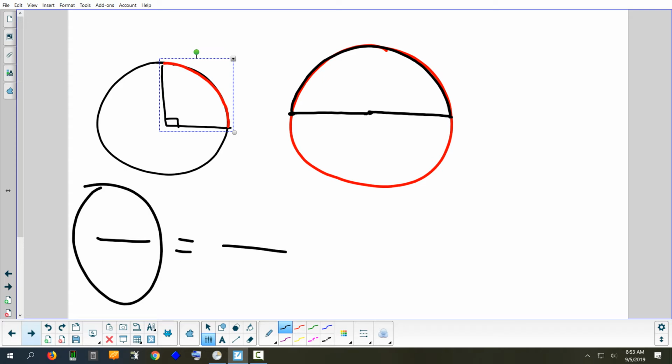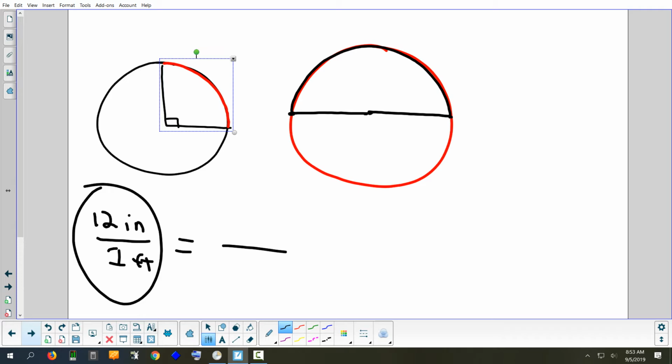I've got to put a fact there that I know is true about the connection between feet and inches. Can someone give me the relationship or any relationship between feet and inches? 12 inches, 1 foot. Okay, 12 inches, 1 foot.